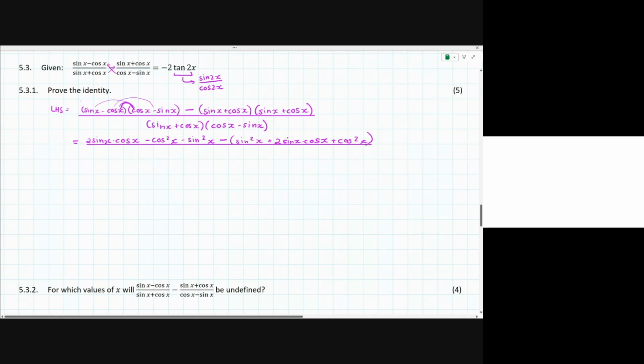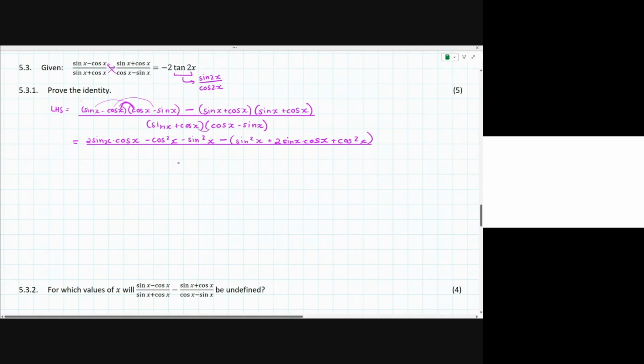Now my LCD, again, I need to be thinking I have to end up with a cos 2x in that denominator. And I know that one of my cos double angles is cos squared x minus sine squared x. So let's distribute this out and see what we get. It's not going to be great. But because I've got different signs, I should be thinking difference of squares.